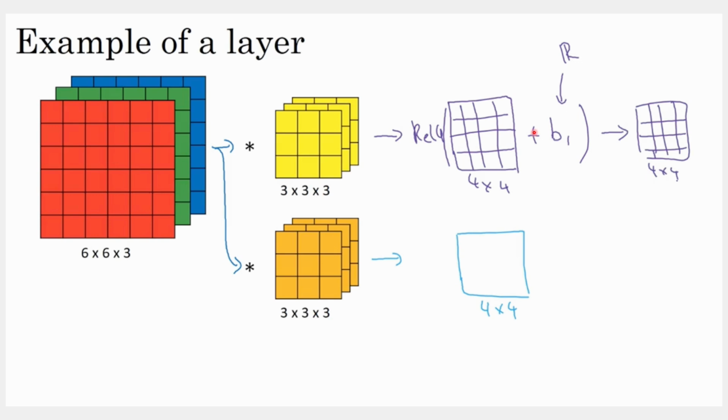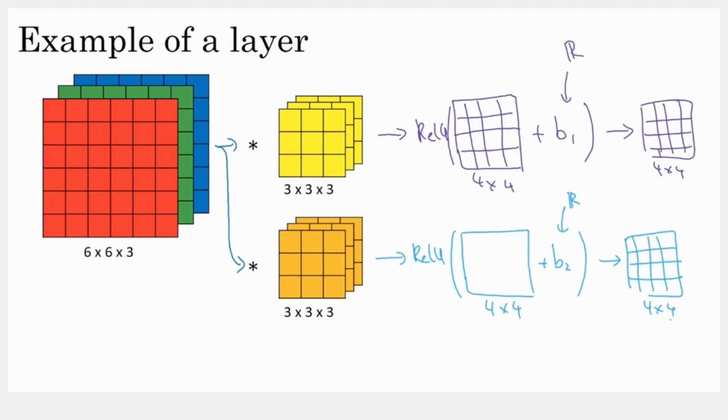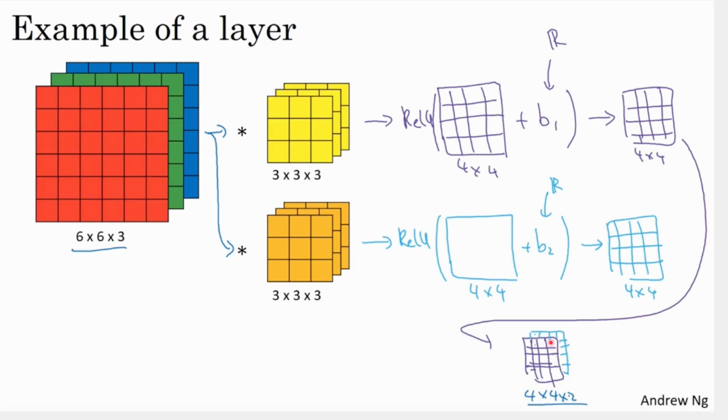We add a bias to it, a real number bias, and we pass it through a ReLU activation function, and then we get our final output kernel. Similarly here we add a bias of B2 along with our ReLU activation function, and we get a 4 into 4 output kernel, and combining both of these results into 4 into 4 by 2, as it should, because we are using multiple filters here.